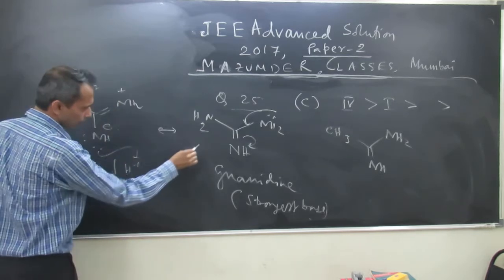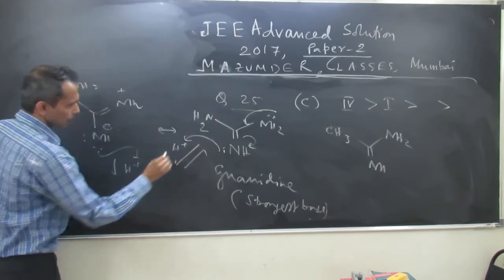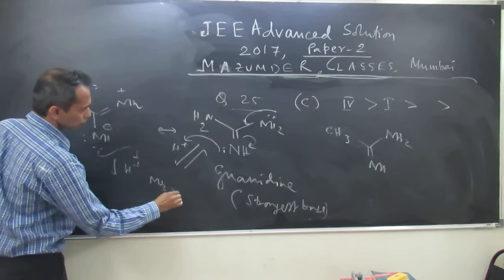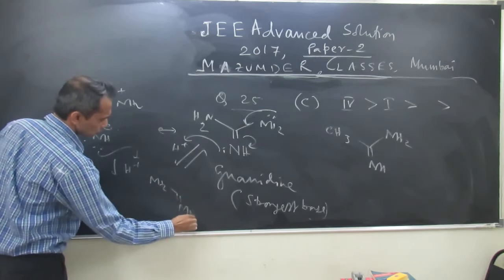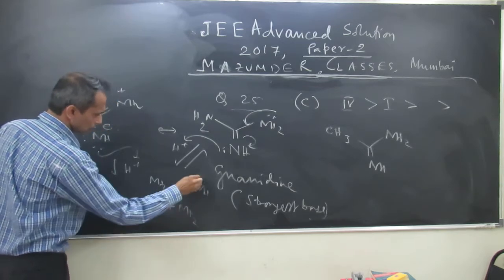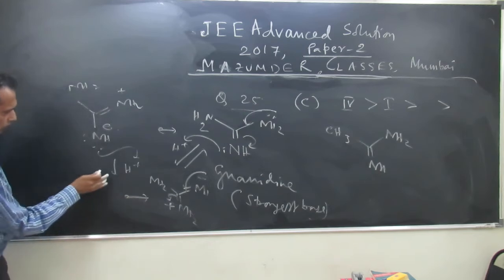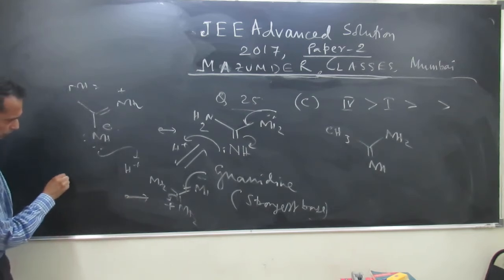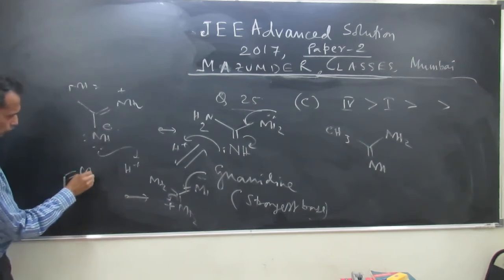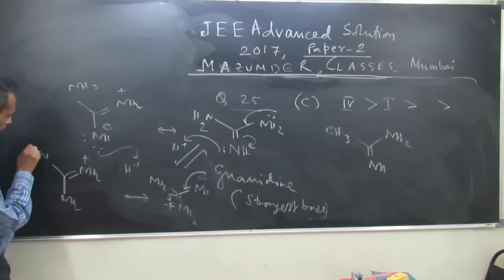If I write this in presence of H plus, the lone pair coming from here will attack to give you NH2 plus, C double bond NH2 plus and NH. Now this NH2 plus can be stabilized by resonance, so I can draw the resonating structure like this.